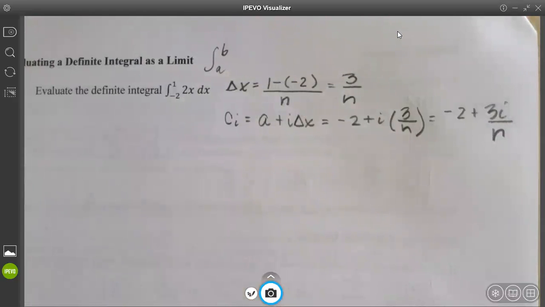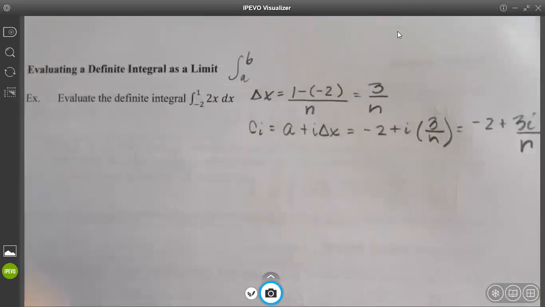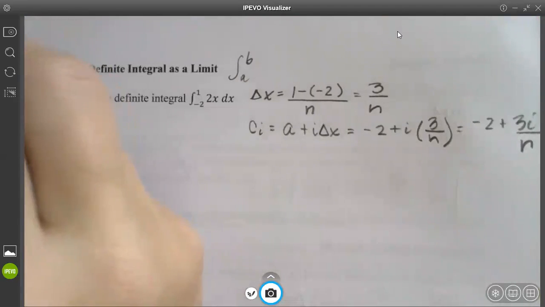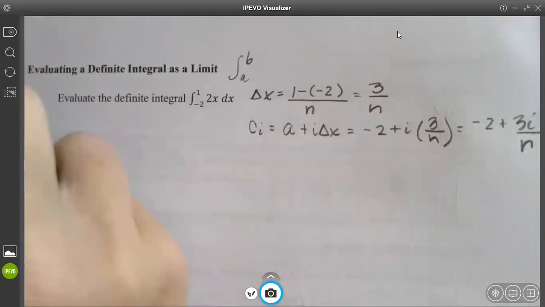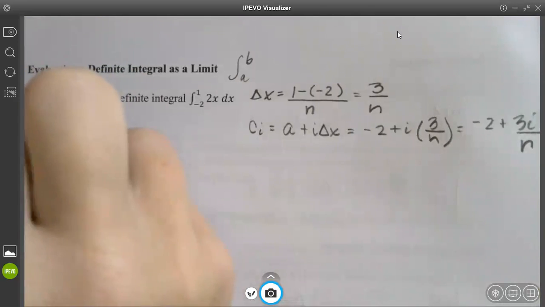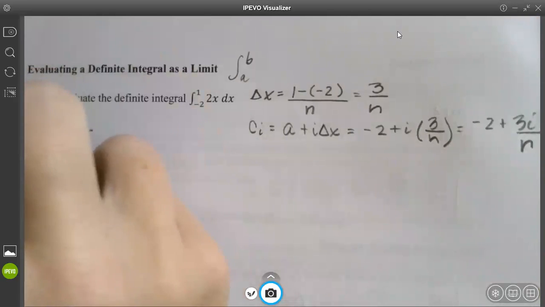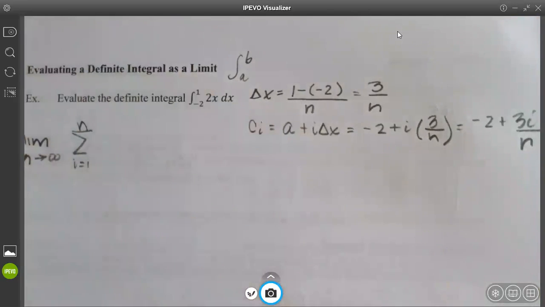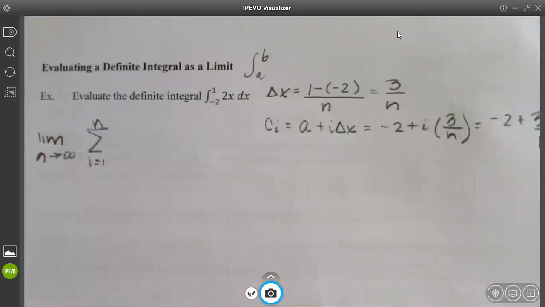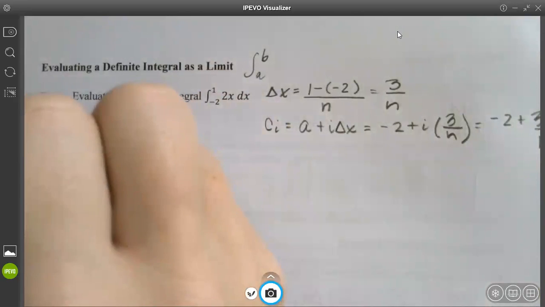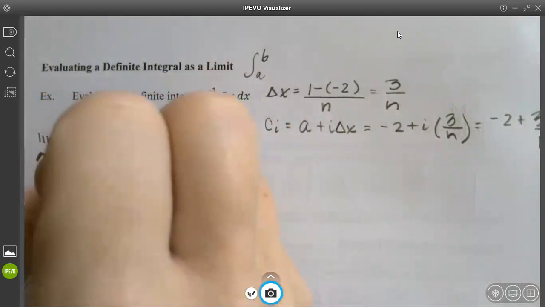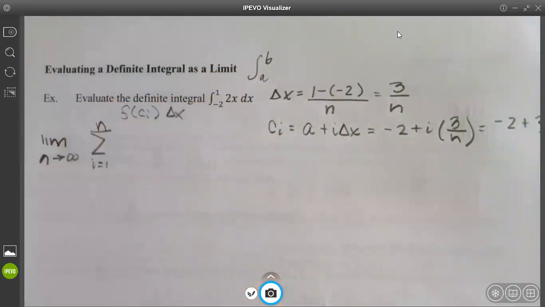You do the same thing, still finding the limit. We're doing the limit as n approaches infinity with the summation from 1 to n. I'm gonna write this up here just so you can remember f of CI delta x.